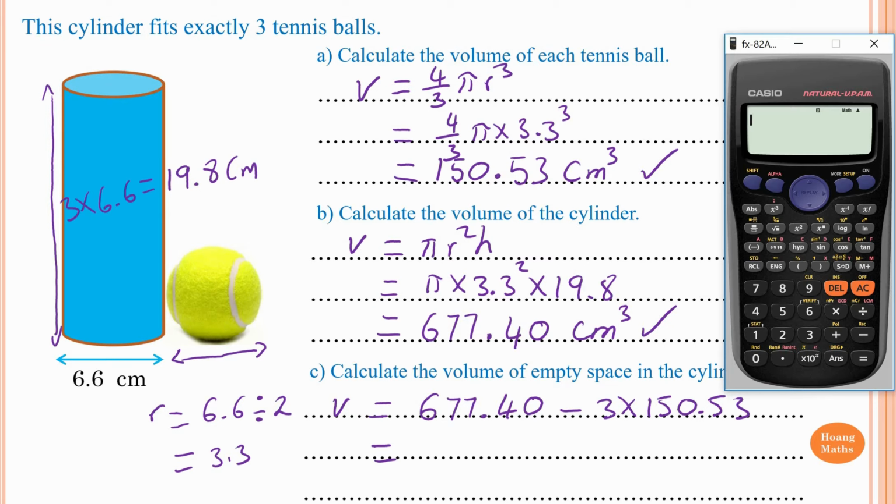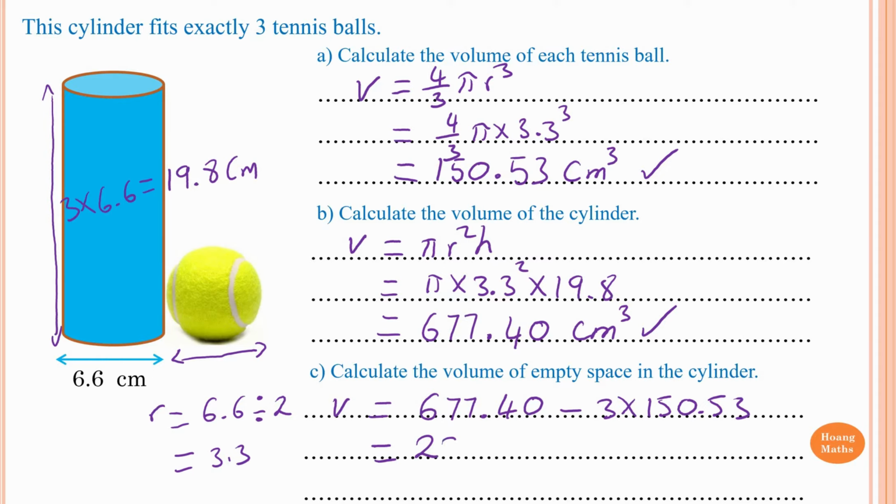Now because I stored everything on the calculator, all I need to do is alpha B, that was the last one, minus 3 times A, which is 150.53 if you like. So 225.7988 and so on. To correct to 2 decimal places, the answer is 225.80 cubic centimeters.